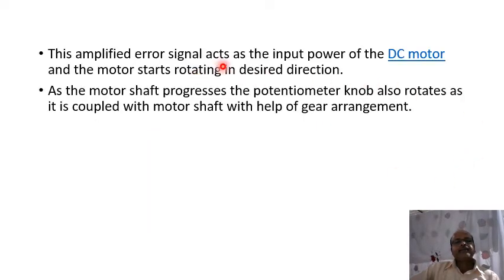The amplified error signal acts as the input power of the DC motor, and the motor starts rotating in the desired direction. As the motor shaft progresses, the potentiometer knob also rotates, as it is coupled with the motor shaft with the help of a gear arrangement.